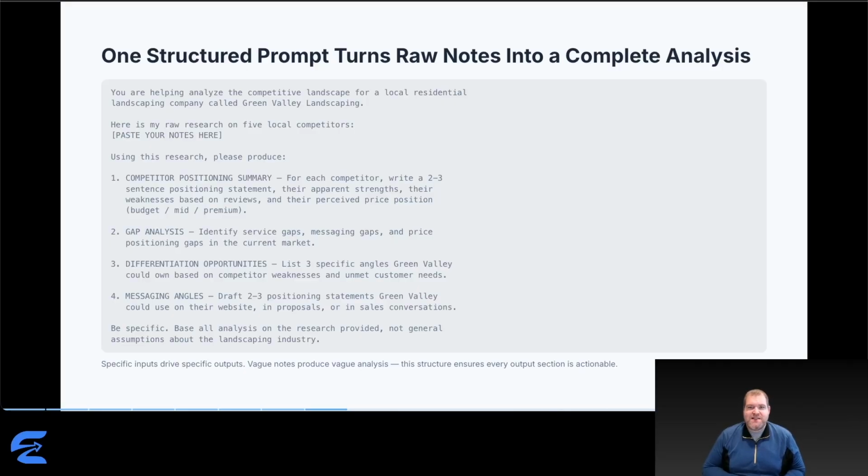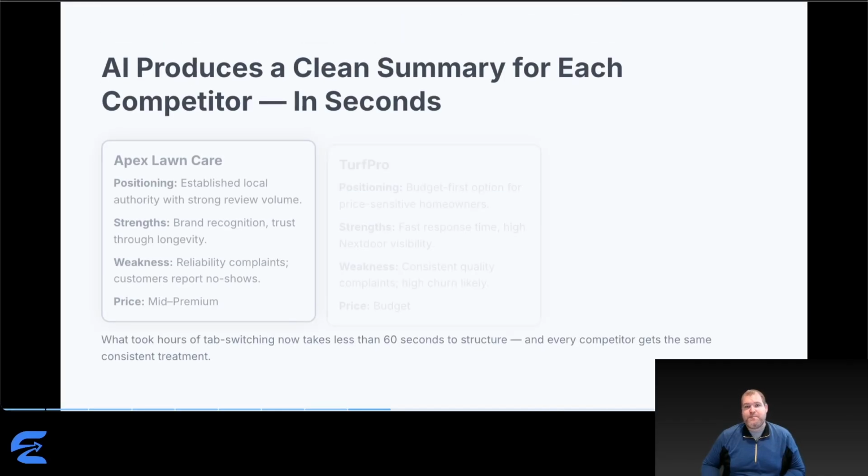Base all analysis on the research provided, not general assumptions about the industry. That line is doing real work. Without it, AI will give you generic landscaping industry insights. With it, it gives you analysis grounded in what you actually found about your actual competitors. Specificity in the prompt is what separates a useful output from a generic one.